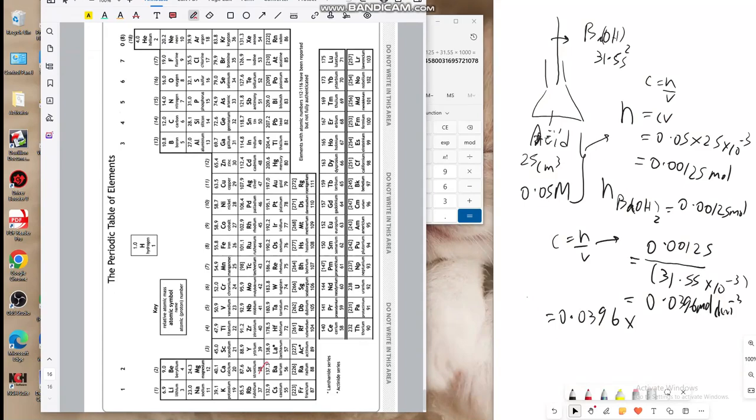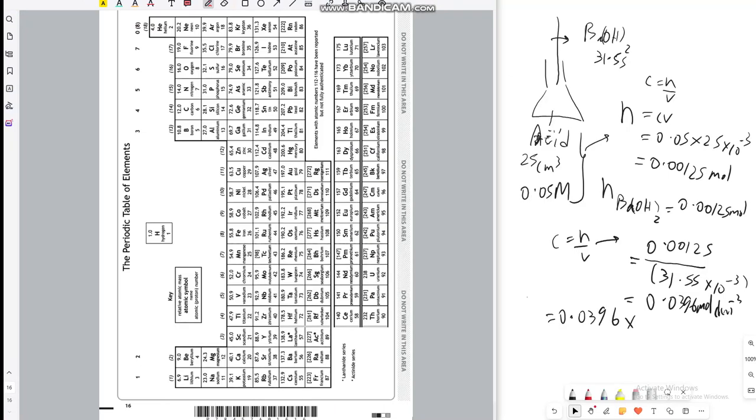So barium hydroxide is 137.3 plus OH twice. Oxygen is 16 plus 1, that whole thing into 2, right? So I'll multiply 2 into 17. 2 into 17 is 34, isn't it?